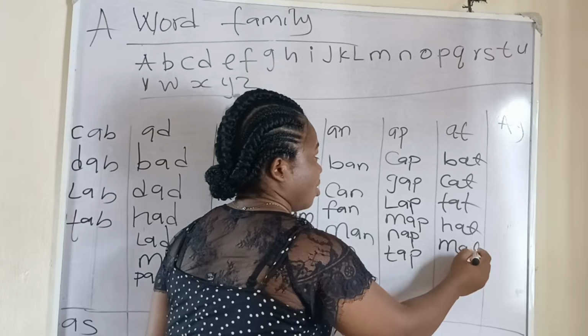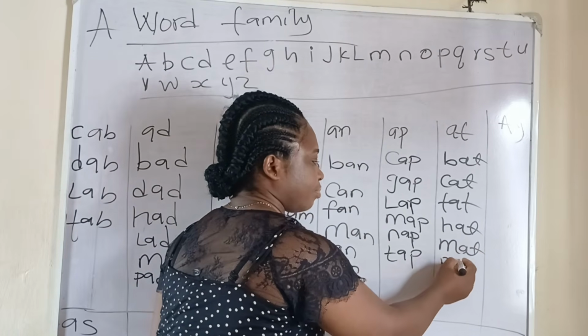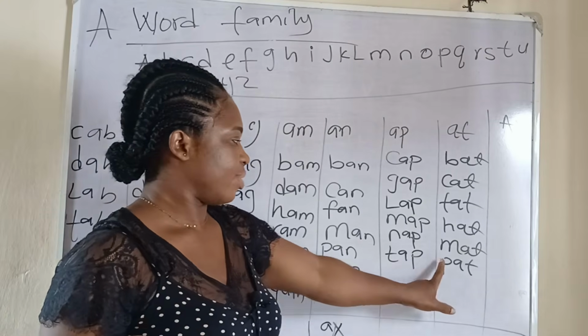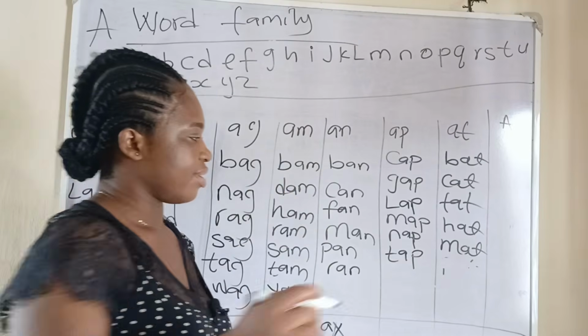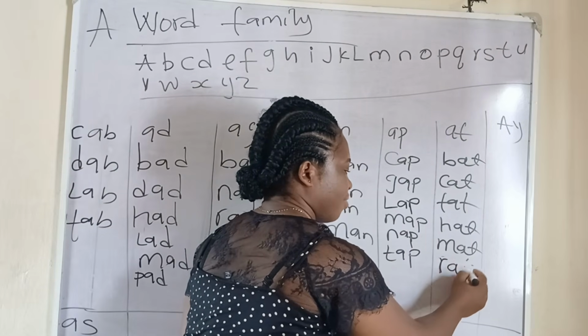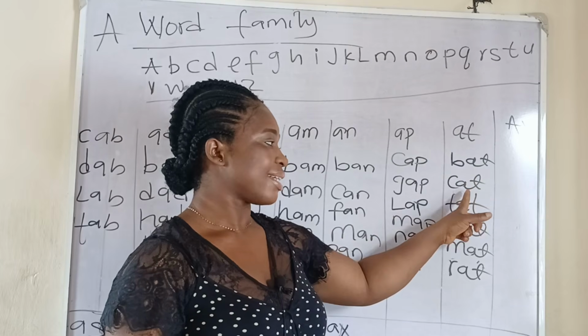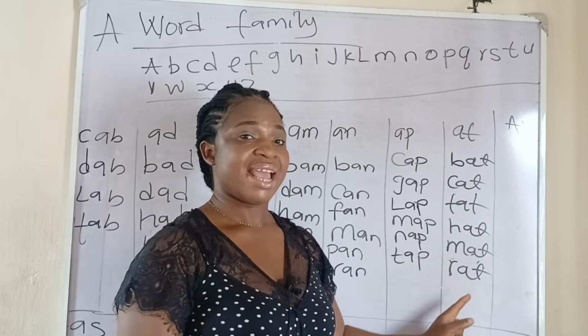We have N, O, P, pat. This pat for Patrick is not actually a meaningful word, we take it out. We have Q, R, rat. R for rat. So we have bat, cat, fat, hat, mat, and rat.